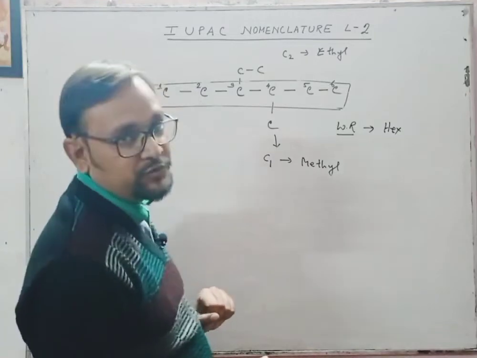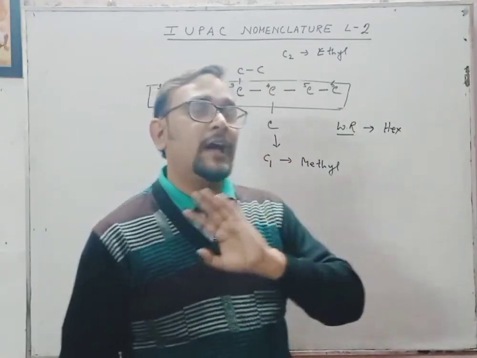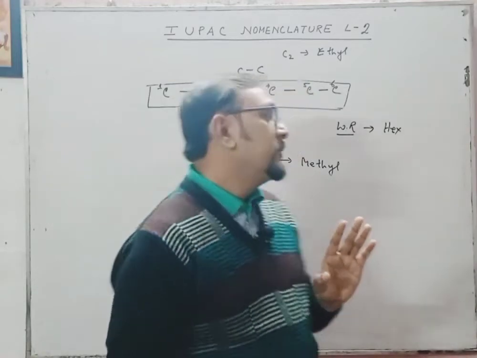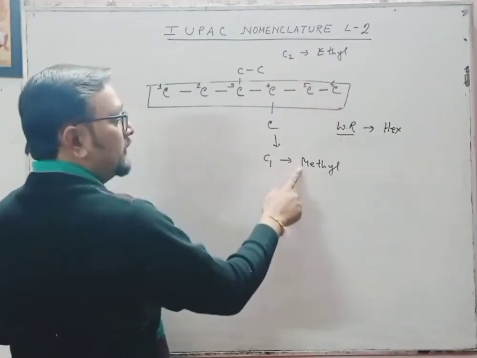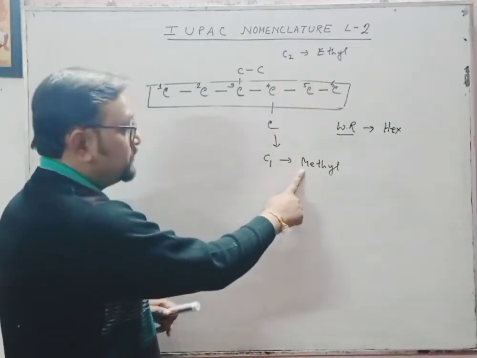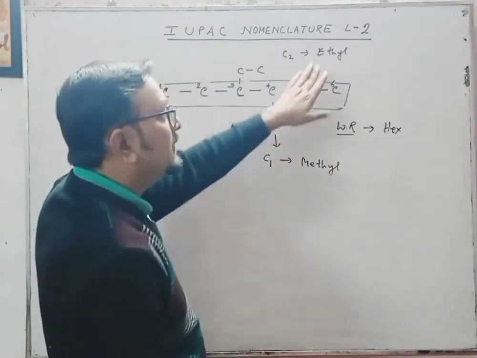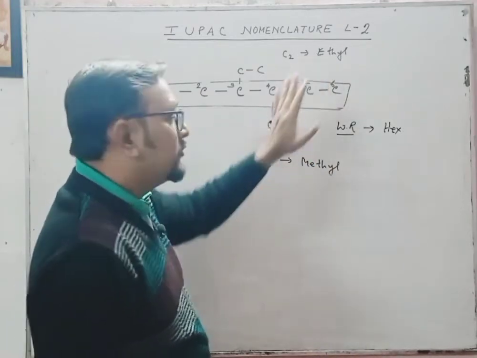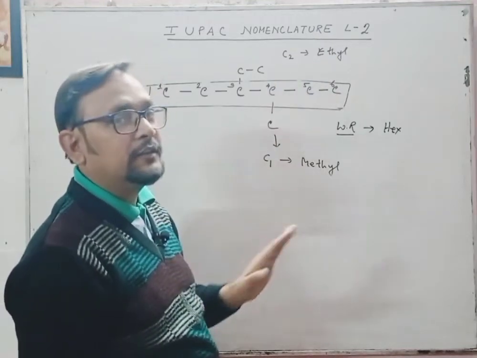That can be a question. Need not take tension, always follow the alphabetical order. Here you see that E comes first, then M, right? In the alphabetical order, you see the two substituents, E comes first, isn't it? So while naming we'll start with ethyl.